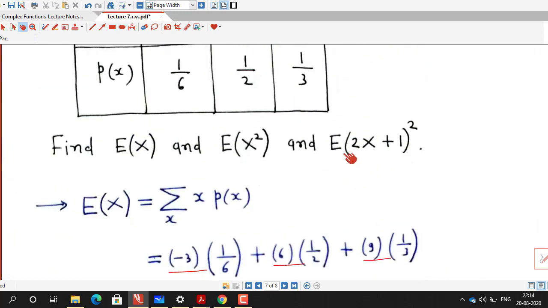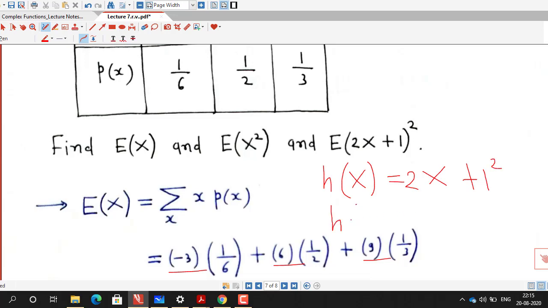Next one is expected value of (2X plus 1) square. Here the function h of x is (2x plus 1) square.